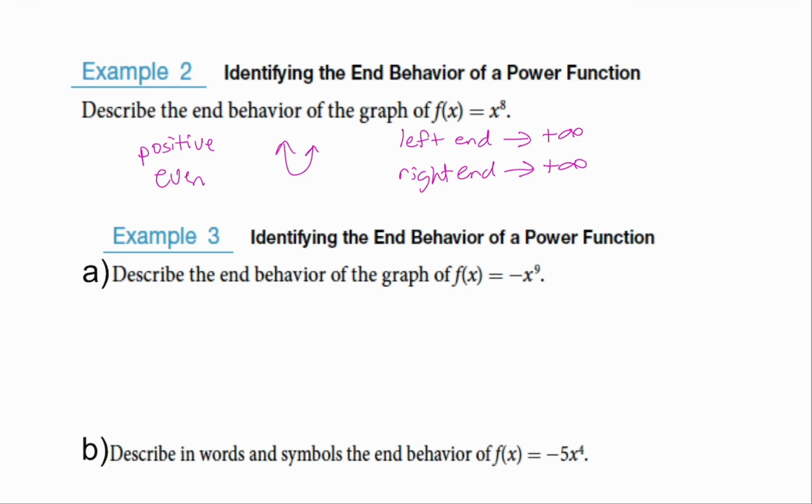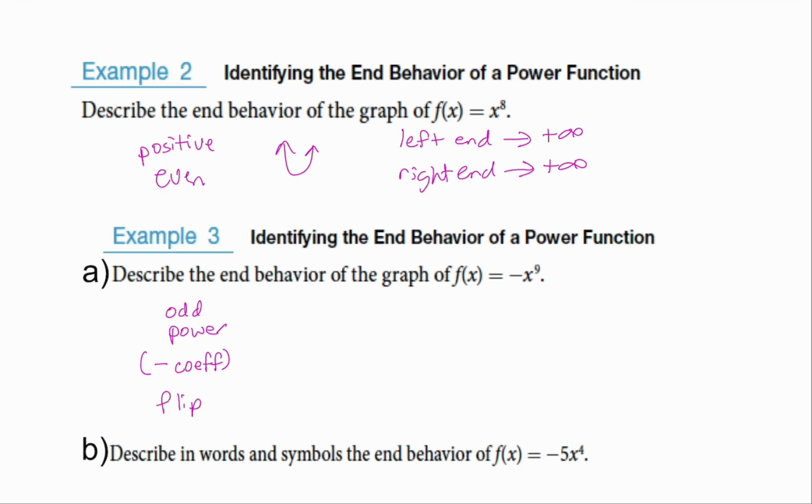Now in example 3a, we have a negative x to the 9th. It's a positive odd, but we have a negative coefficient out front. So remember, that's going to flip it.